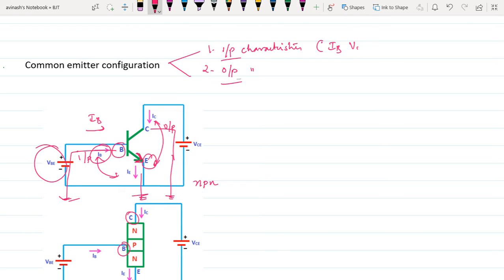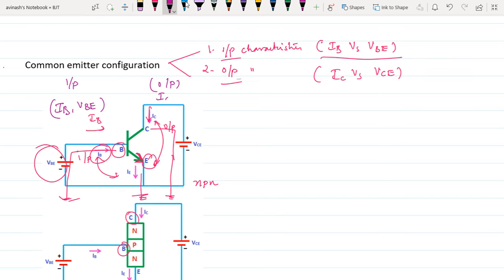So input is plotted between IB versus VBE, whereas the output is plotted between IC versus VCE.